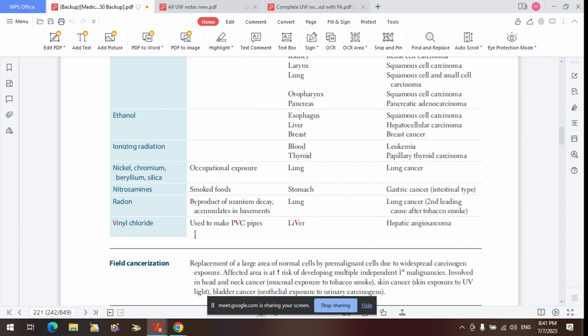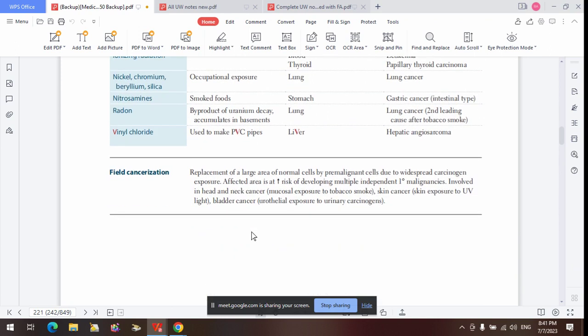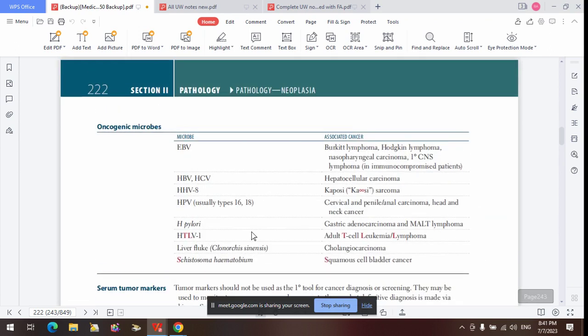And vinyl chloride is typically one of the components of PVC pipes, polyvinyl chloride pipes. So with water running through those pipes, if somebody is drinking that water directly, the person can get exposed to vinyl chloride and can develop hepatic angiosarcoma. So that's where we stopped.